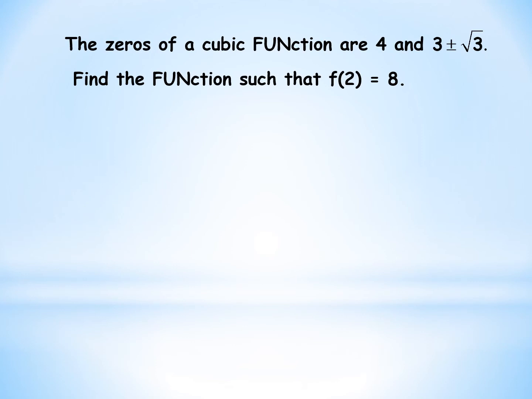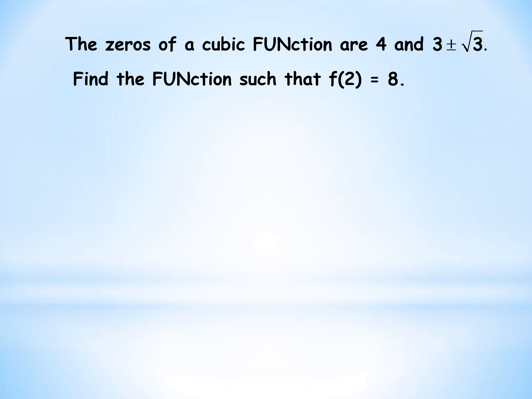Let's try another one. The zeros of a cubic function are 4 and 3 plus or minus the square root of 3. Find a function such that f of 2 equals 8. Again, you know you have to find the a value because they're giving you a point, the point (2, 8). So you're going to start like you always do. You're going to say x equals 4, x equals 3 plus or minus the square root of 3.